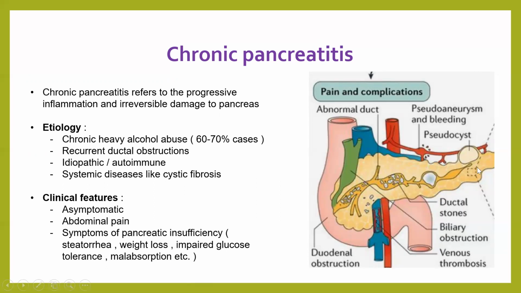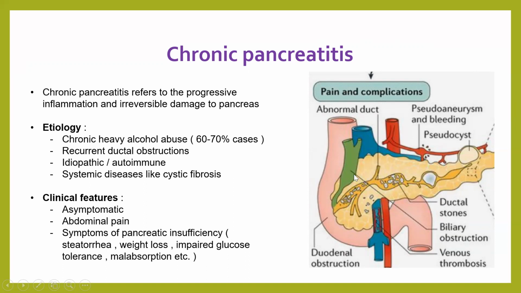In this picture right here, you can see the different complications that can arise because of chronic pancreatitis. We can have formation of pseudoaneurysm, bleeding, formation of a pseudocyst, and because of the fibrosing of the pancreas, we can have an obstruction to the biliary tract. We can also have duodenal obstruction.